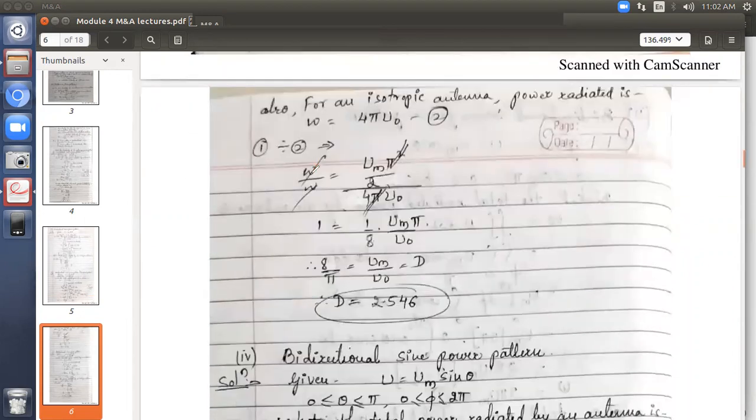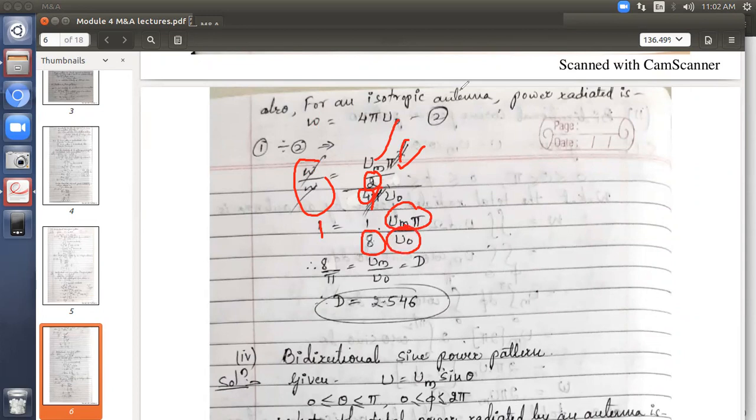Solve it. This will become 1. Then 1 pi will go. Then don't cancel this 2 and 4, because both are in the denominator. They'll become 4 into 2, which is equal to 8. Remaining are Um and 1 pi, Um into pi divided by U naught.